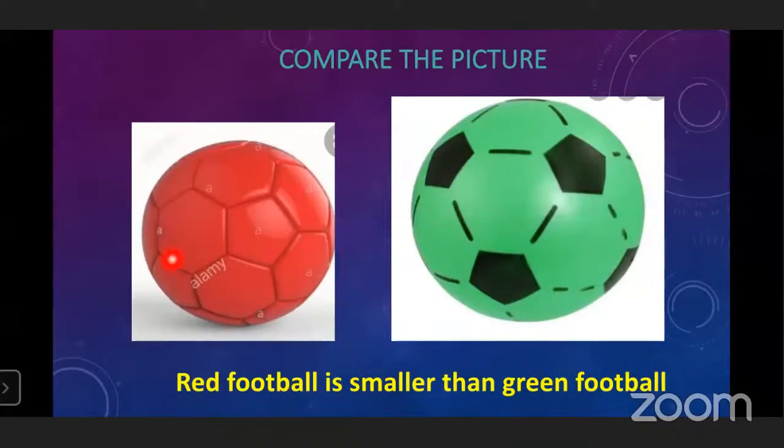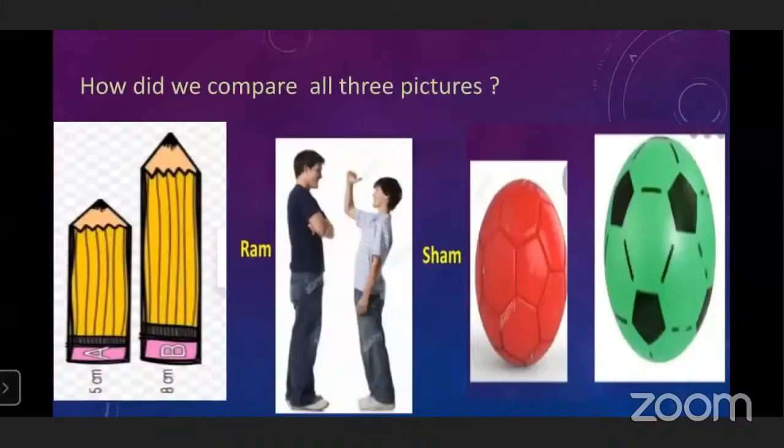Because the red football is given first. That's why we have to start from the red football. So the red football is smaller than the green football. Understood how we compare the pictures?